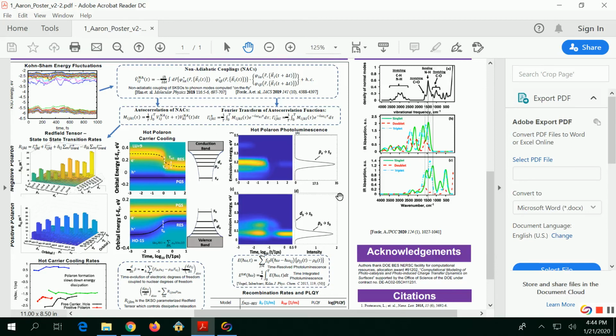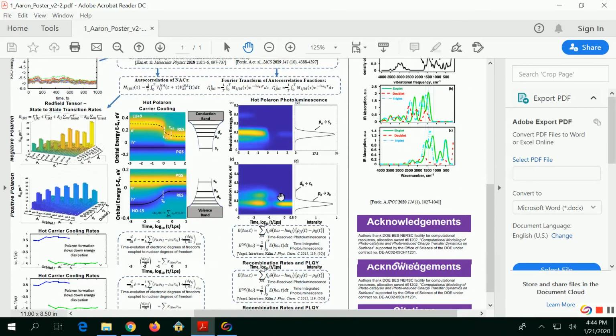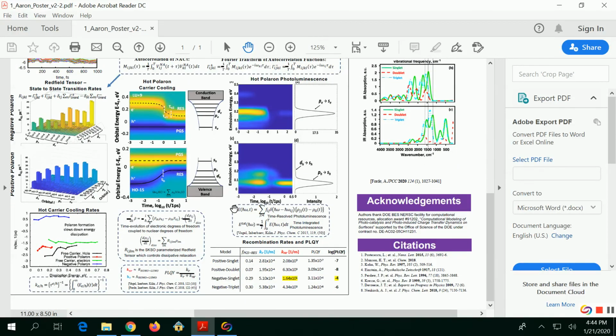To characterize their luminescence properties more thoroughly, we compute a photoluminescence quantum yield from our dynamics. We approximate the non-radiative rate from the Redfield tensor, and the radiative rate from Einstein coefficients. Then we can use the definition of quantum yield, the rate of radiative over the sum of the other pathways.